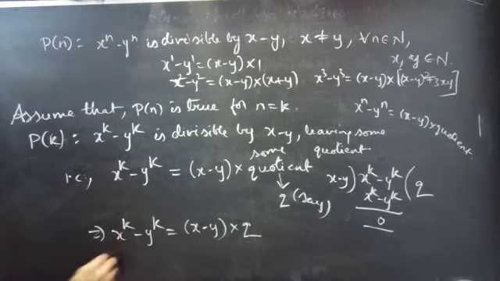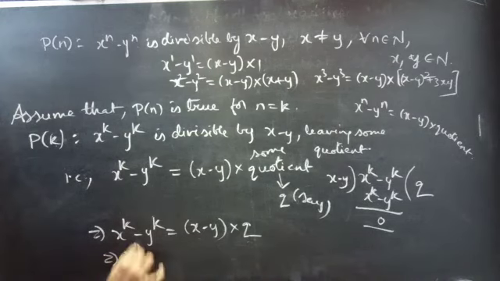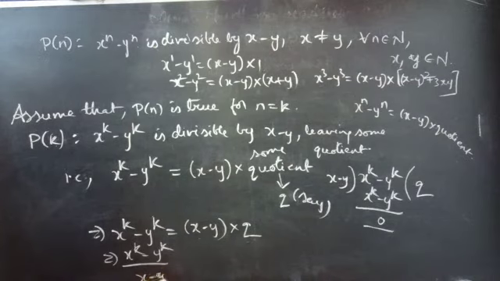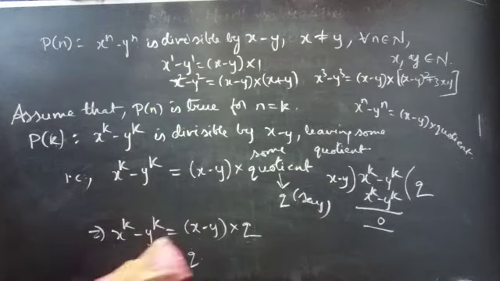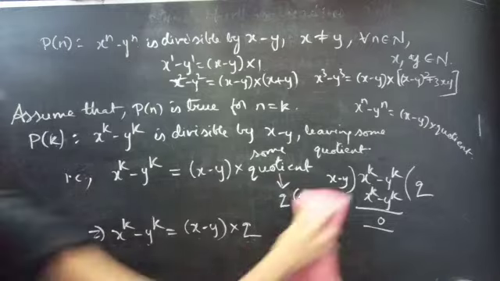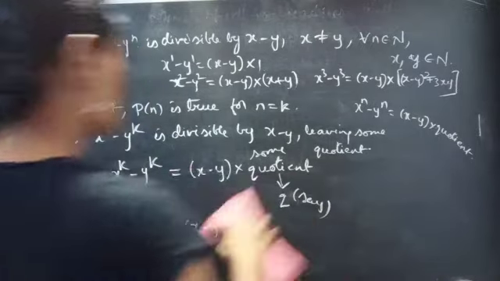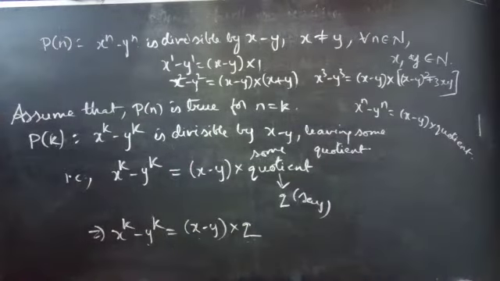So from this you will get x power k minus y power k, dividend by divisor. Dividend is divisible by divisor, leaving quotient some q, right? Fine. Now, this is an assumption, okay? Fine. Now, we have x power k minus y power k equals (x minus y) into q.